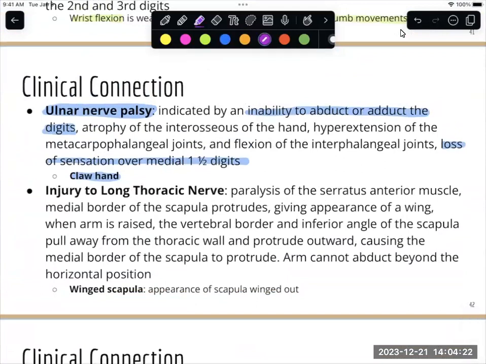Long thoracic nerve. This is one I didn't mention that you guys needed to know. But this goes specifically to that serratus anterior muscle. That serratus anterior muscle actually attaches to your scapula.